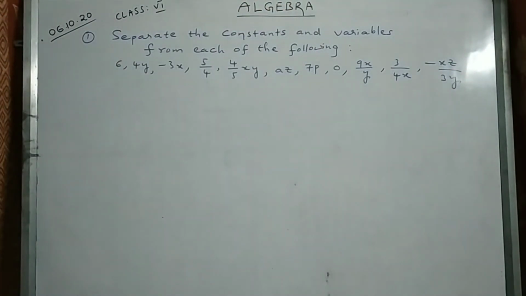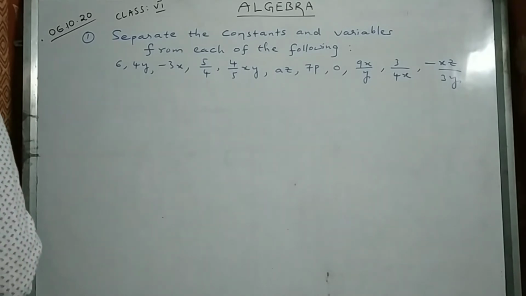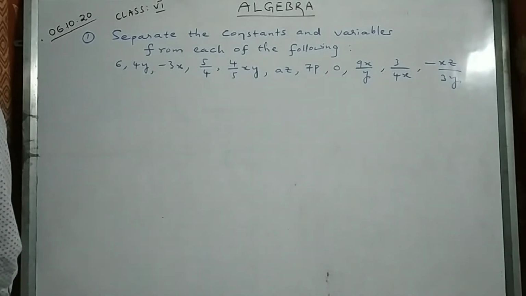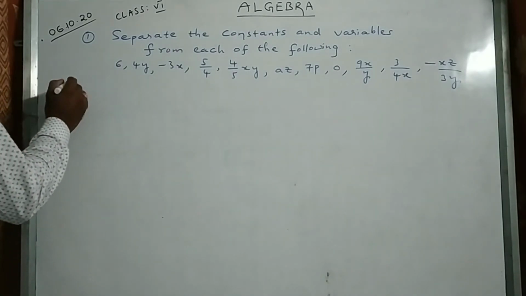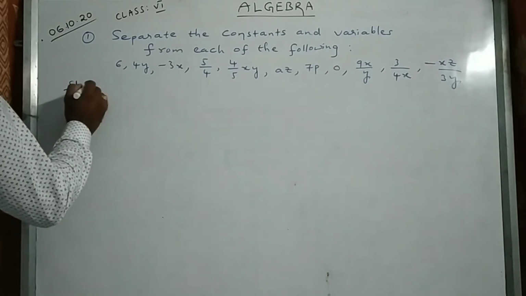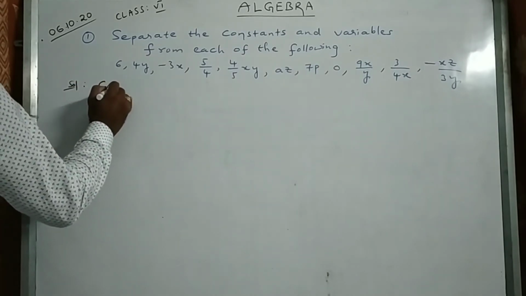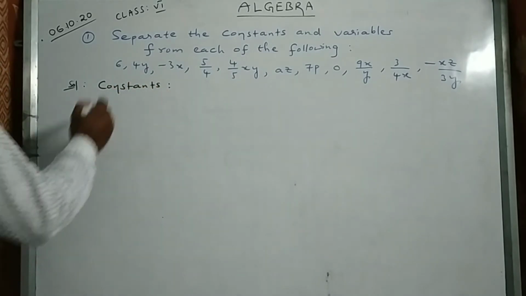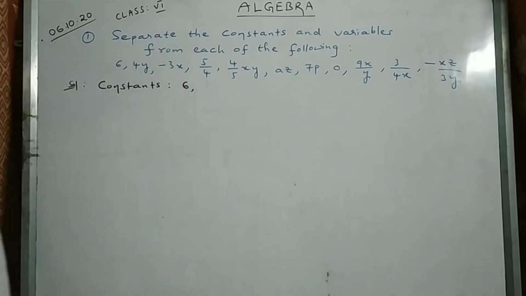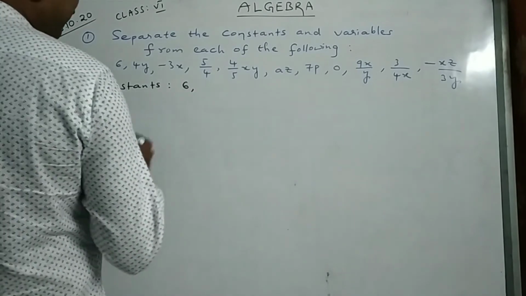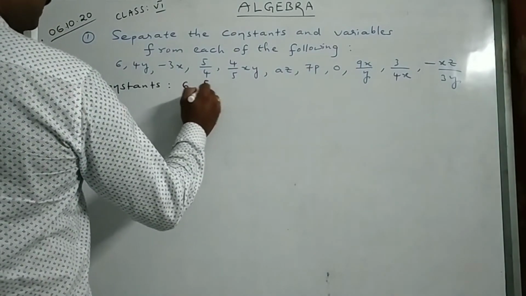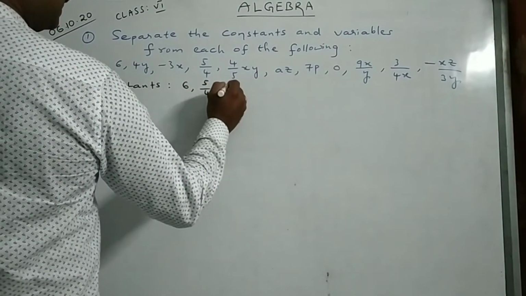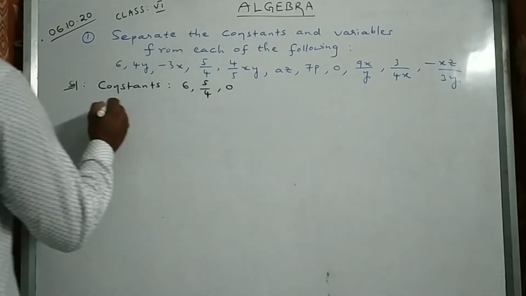So in this, what are the variables and what are the constants you must say. Okay? So I will just keep side heading and write here. So first I will write constants. What are the constants here? 6. Constants means what did I tell you? Counting numbers like numerals. 6, 5 by 4, 0, that's all.